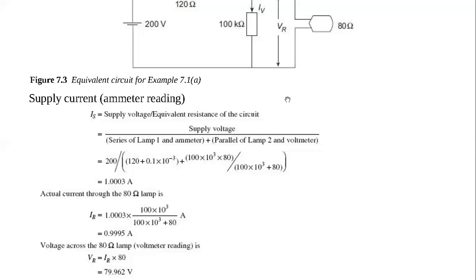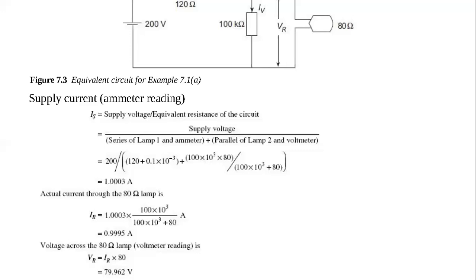I hope everyone has confirmed that that value is correct. From my calculation it is 1.000319 and so on, so rounding it off, it is 1.00032.